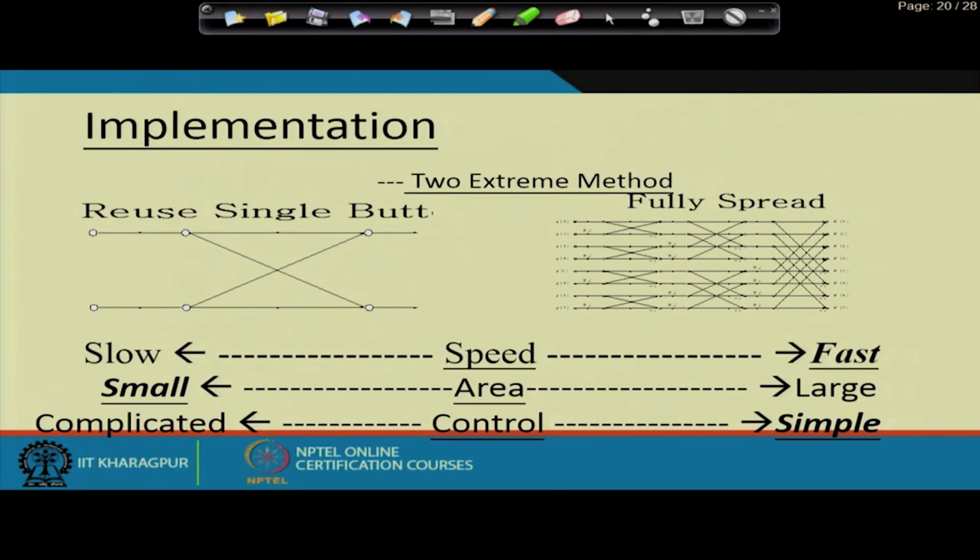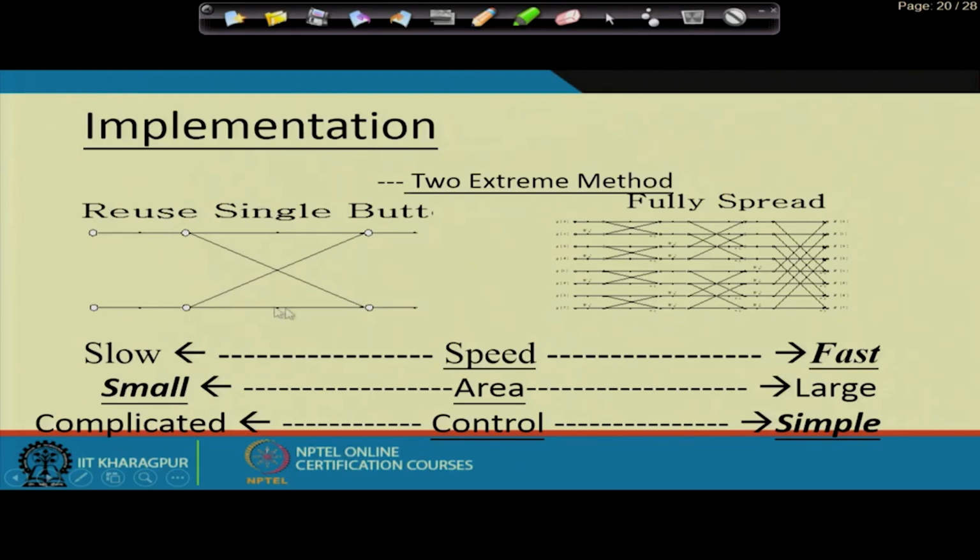If we have a 16-point FFT, the number of stages will be 4 when we consider a butterfly of radix 2. Here we are using the radix 2 butterfly unit to compute the full fast Fourier transform.